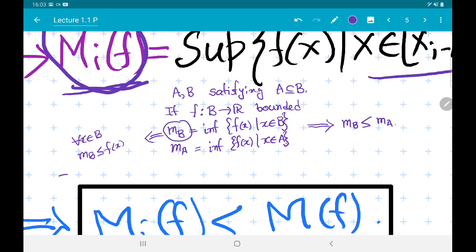Since A is a subset of B, let me write it like this: mb is less than or equal to f(x) for all x in A, and by taking the infimum of this set we see that mb is less than or equal to ma.